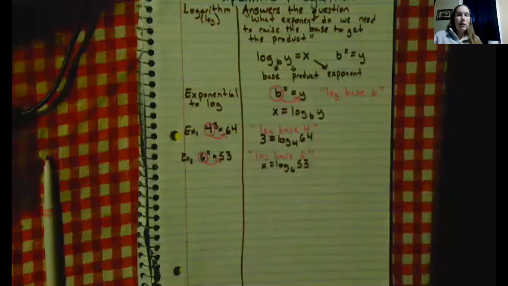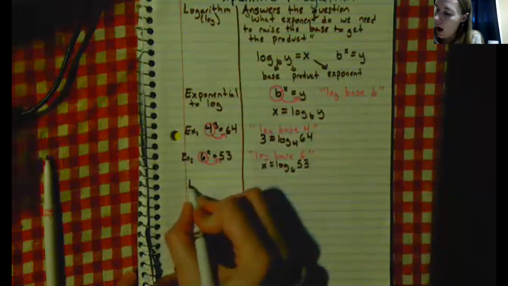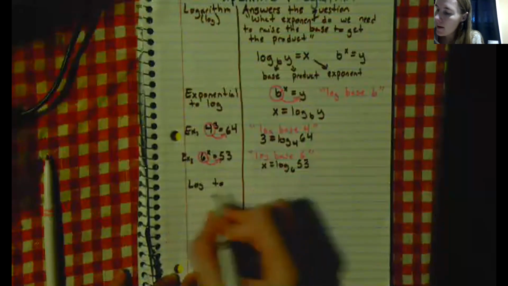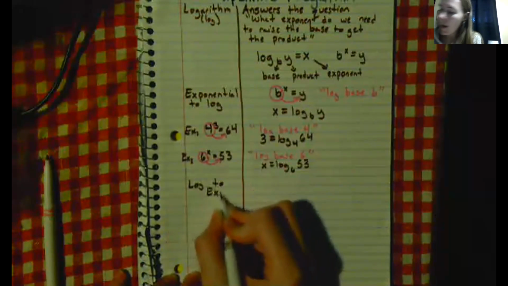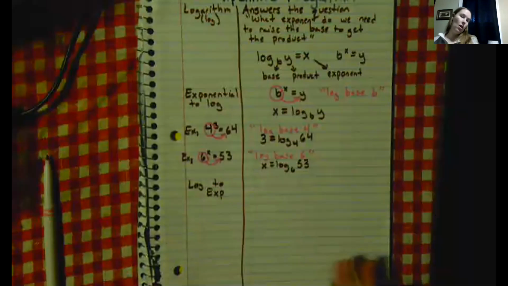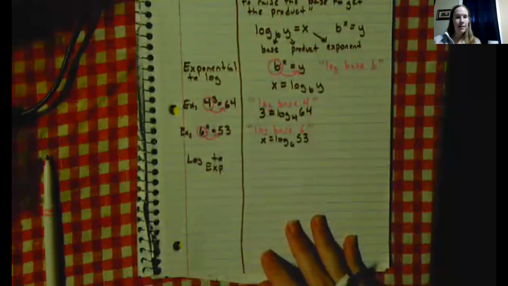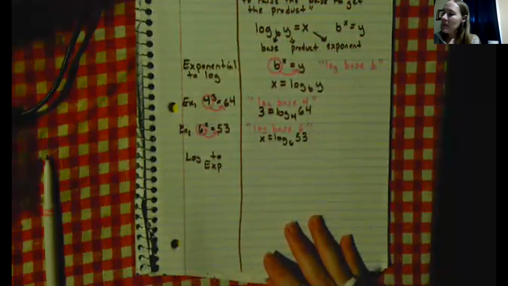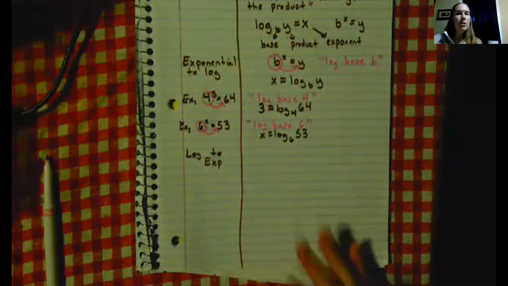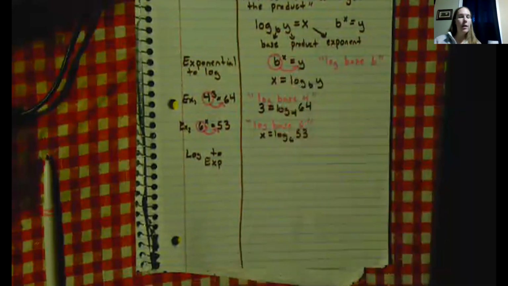Well, you can also go the other way around. So we're going to look at from log to exponential. And I am lazy, so I just wrote log to exp. You got this. So I'm going to do it in general first, and then we're going to do a couple practice problems.